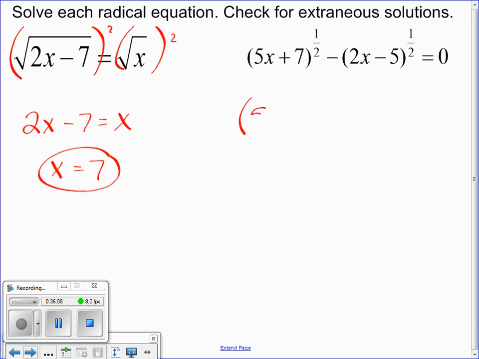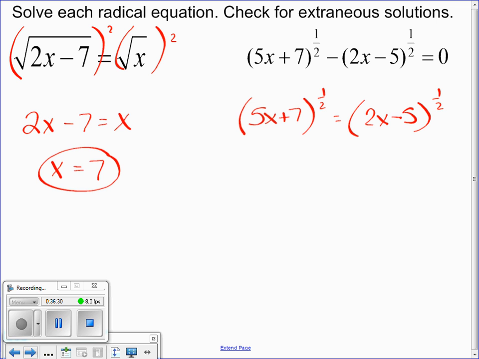3x. Wait, why can't it be 5x plus 7 equals 2x minus 5? Guys, it's a minus this, so I added this to the other side. You can move a whole chunk to the other side.